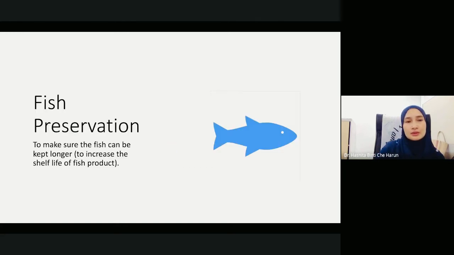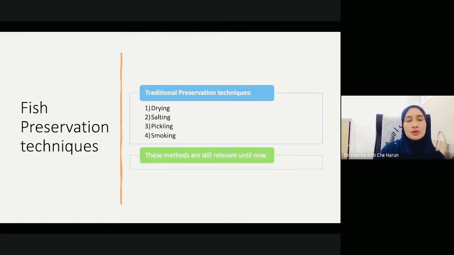Okay, so the next topic is on fish preservation. This is very important because you want to keep the fish longer. You want to extend the shelf life of the fish as maximum as you could, and you have different techniques to do this.